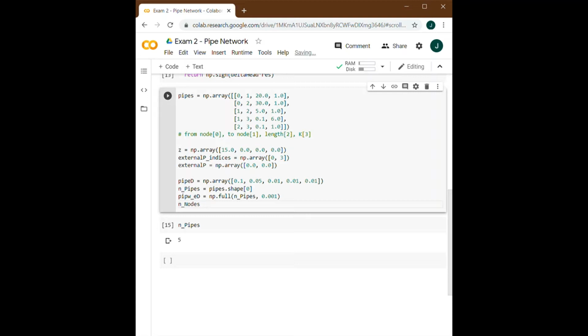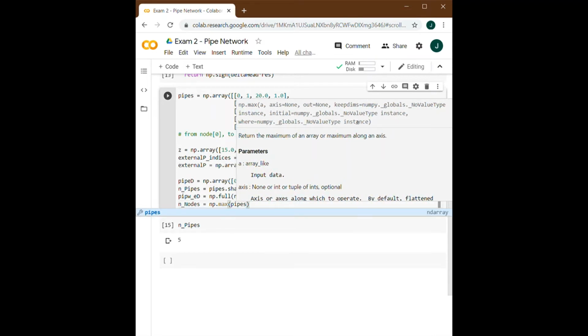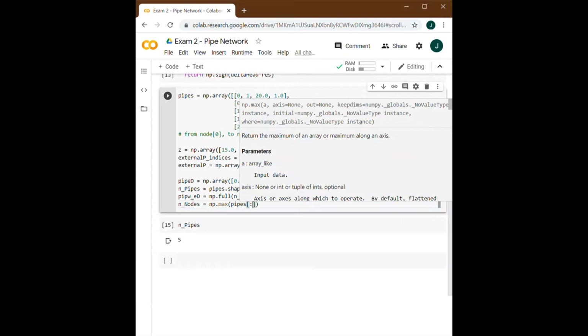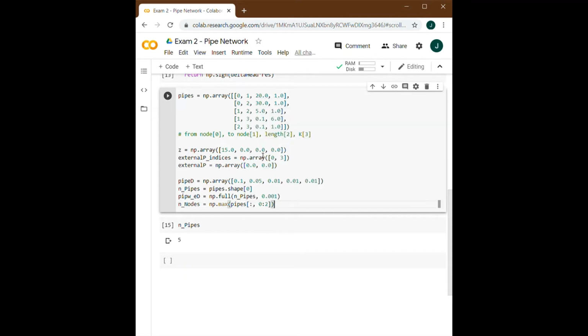So the way we're going to do that is we're going to use the numpy.max function, which will find the highest number, and we're going to run it through our pipes. We're going to tell it to look in column 1 and column 2 and find the highest number it can find.